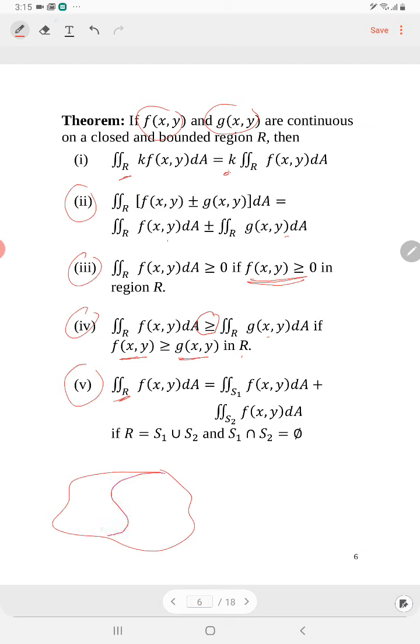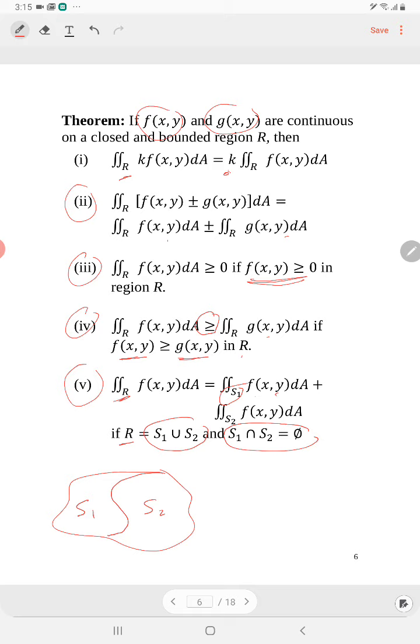Let's say we partition our region R into S1 and S2, provided that there's no overlap between S1 and S2, no intersection there, and the union of S1 and S2 would be the whole region R. Then the integration of f over region R is equal to the integration of f over region S1 plus the integration of f over region S2. So that is the fifth property for integration.